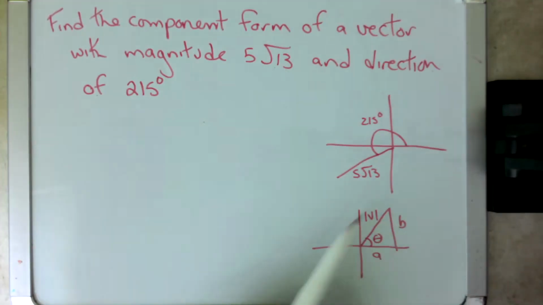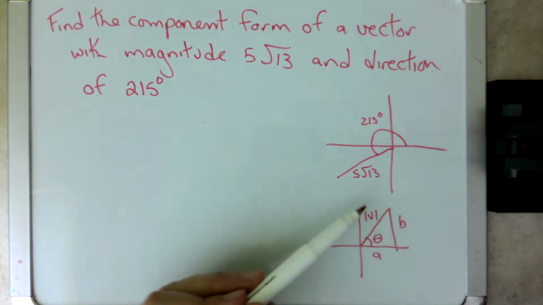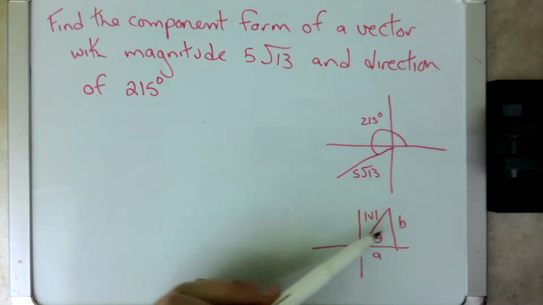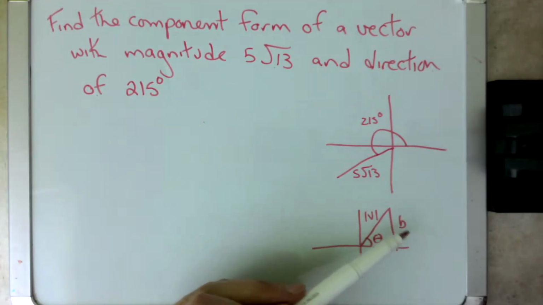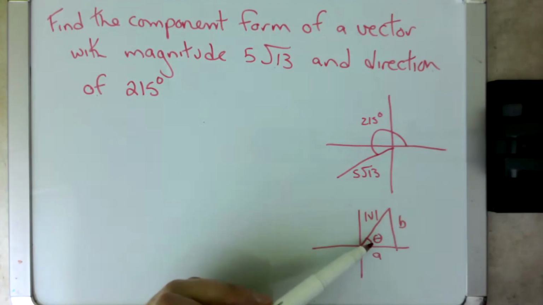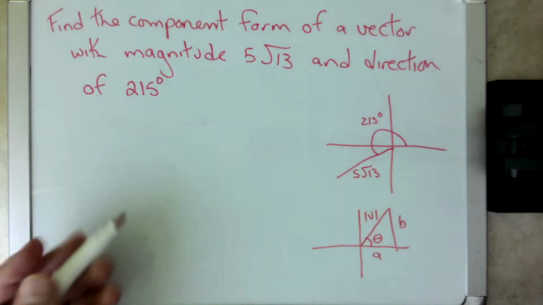If I have a vector of direction theta, magnitude v, and then my x direction is a and my y direction is b, well, let's say I want to find the b. I know that in terms of theta, this is opposite. Opposite over hypotenuse gets me the sine of my theta, right?